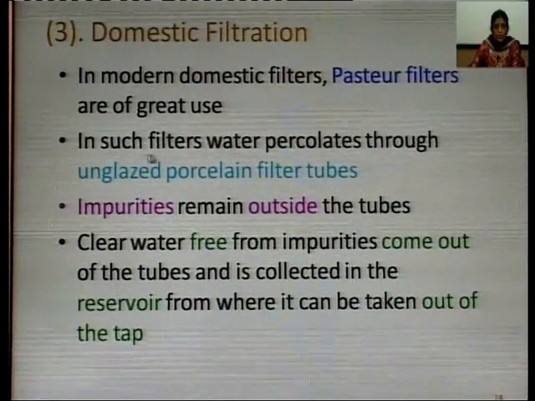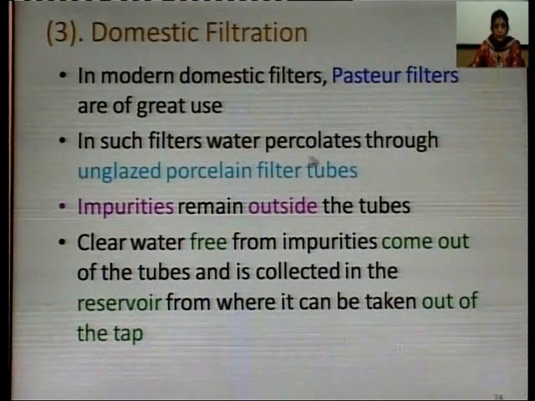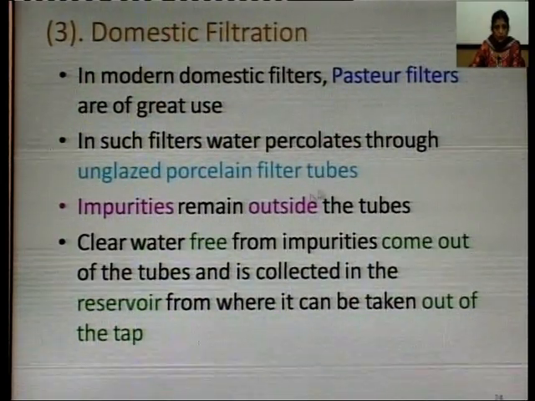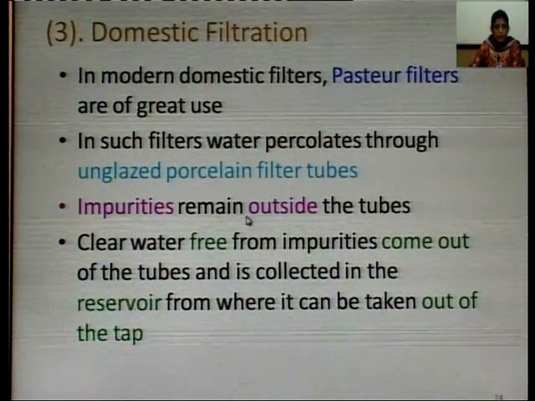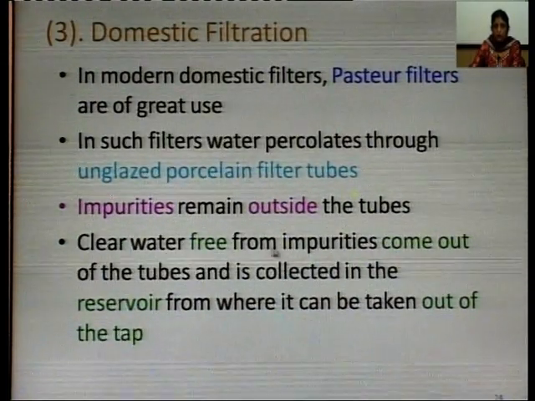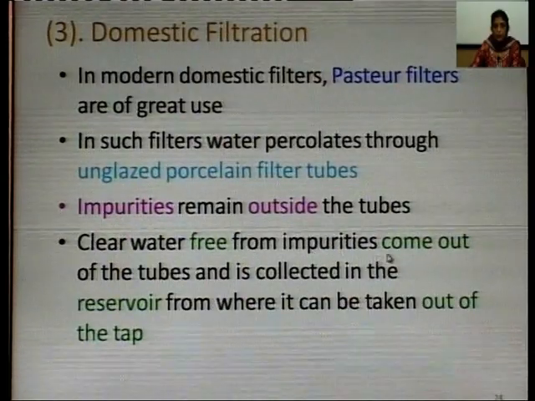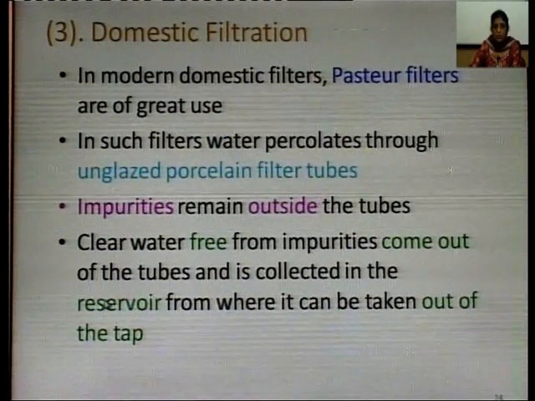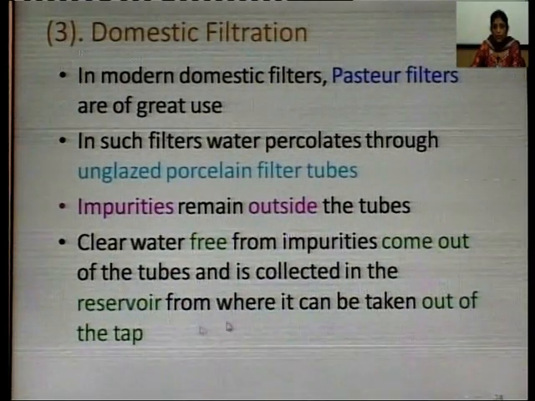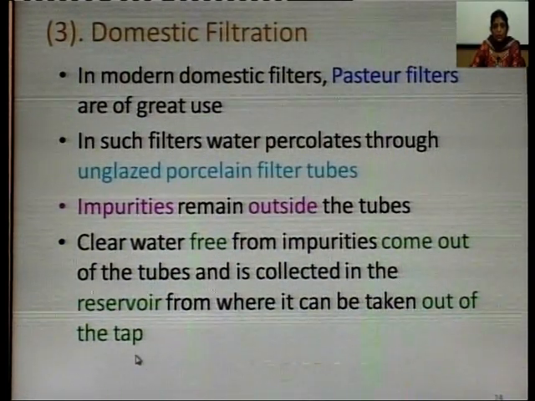In such filters, water percolates through unglazed porcelain filter tubes. Impurities remain outside the tubes. Clear water free from suspended impurities comes out of the tubes and is collected in the reservoir from where it can be taken out of the tap.